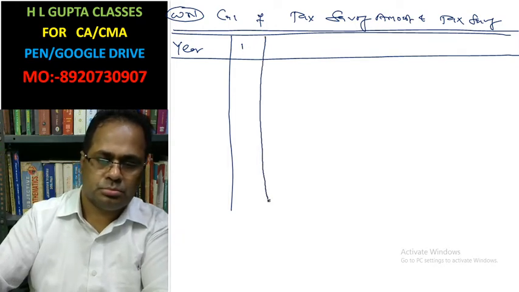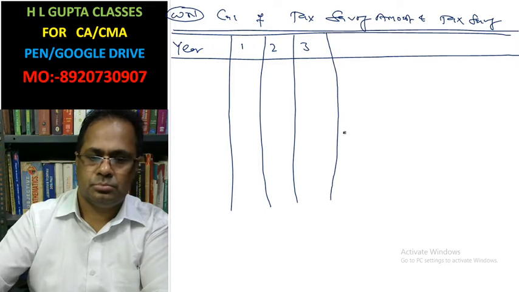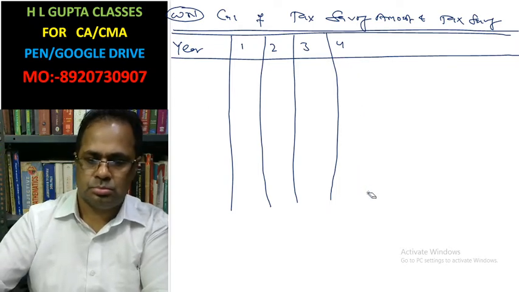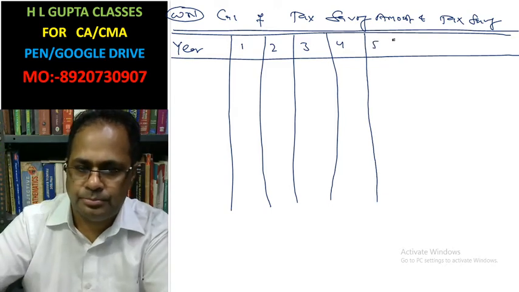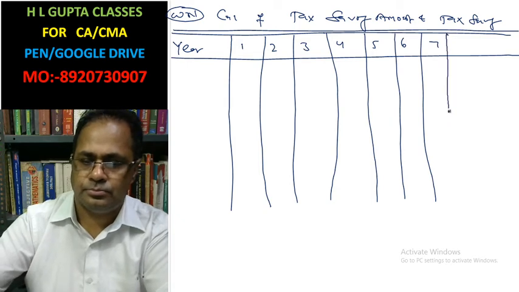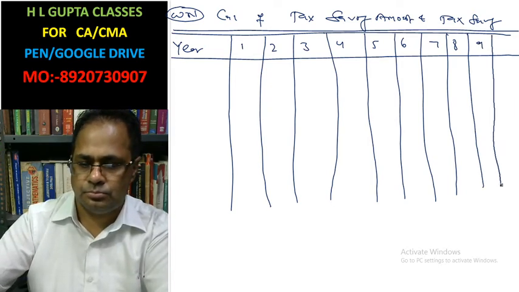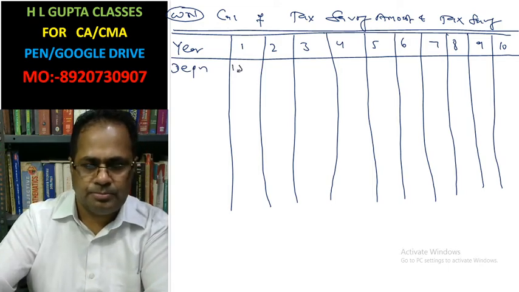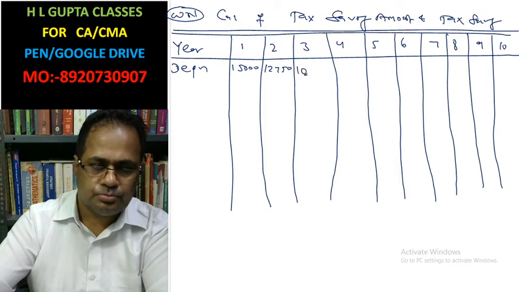Years 1, 2, 3, 4, 5, 6, 7, 8, 9, 10. Depreciation you write first. 15,000, 12,750, 10,837.